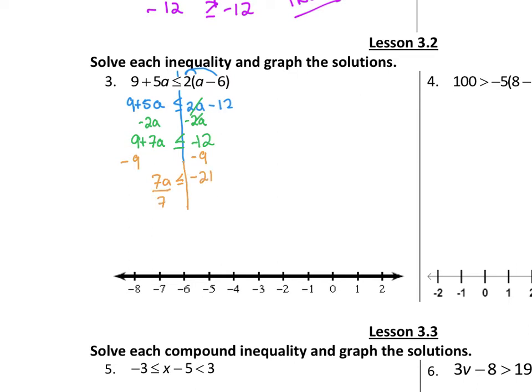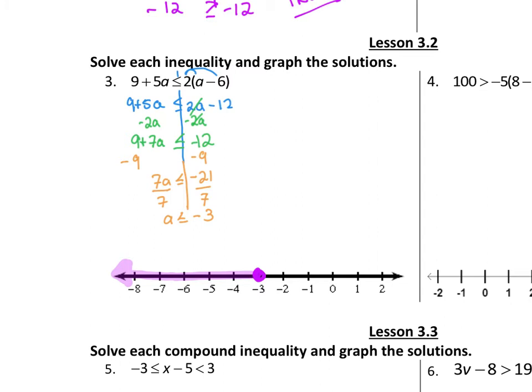Divide both sides by 7. And a is less than or equal to negative 3. So right here, put a closed circle at negative 3, and it's less than, so I'm going to shade below that to the lesser numbers.